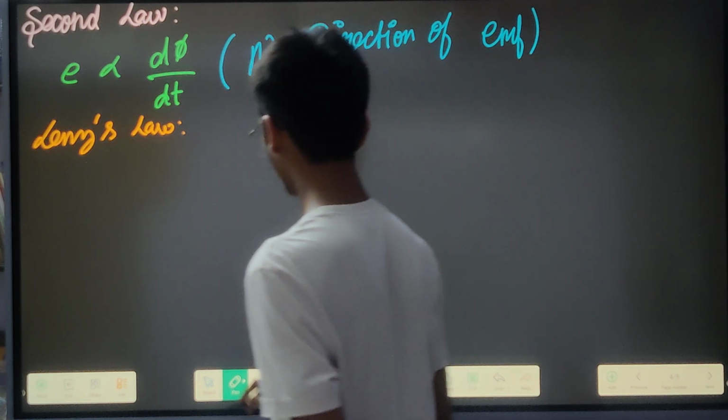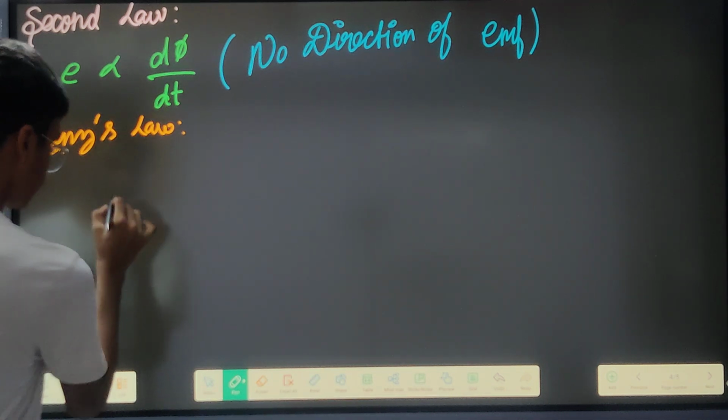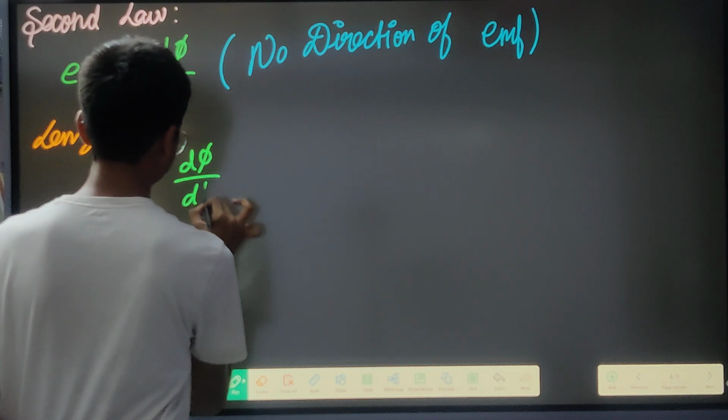Now coming back to Lenz's law itself, that is E is equal to minus d phi by dt.